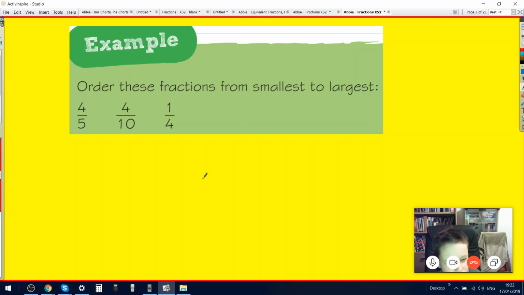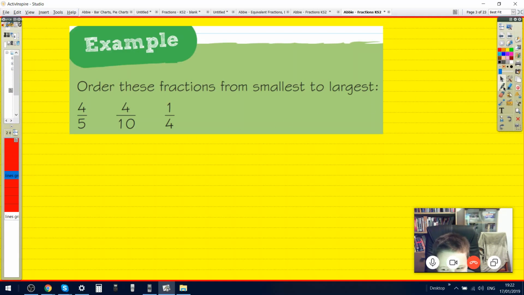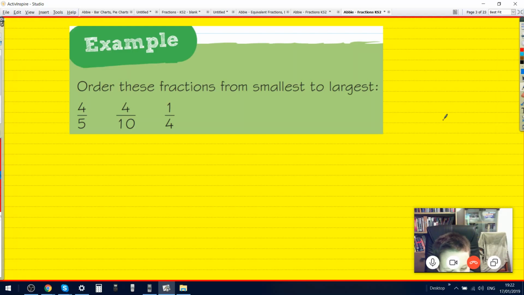So for this one, since there are three bottom numbers and not two, you need to work out the biggest number that they all go into.